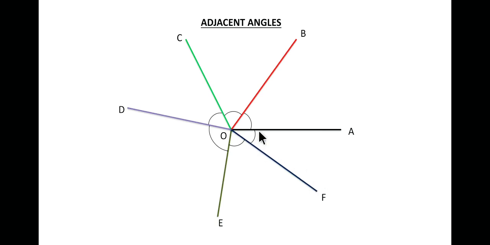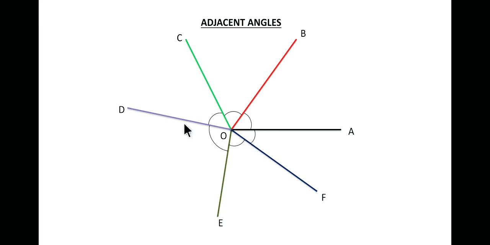So the adjacent angles for angle AOB are COB, the angle between the green and the red line, and another adjacent angle of angle AOB is angle AOF, the angle between the navy blue and the black lines.